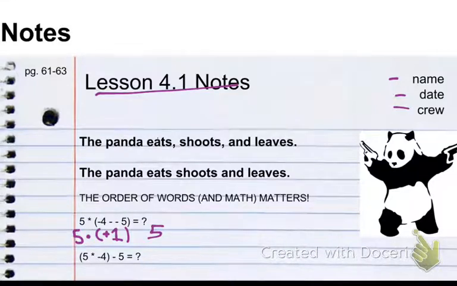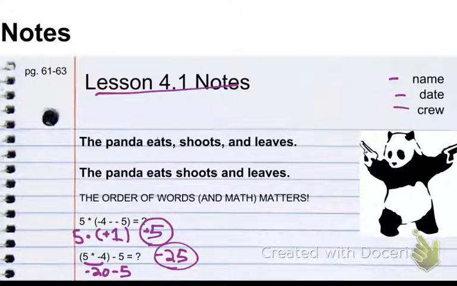But now, if I switch that around and do the 5 times 4 first, I get 20 minus negative 5, which gives me 25. Very, very different numbers. The same numbers, I just chose which order I wanted to do them in. And I got two completely different answers.